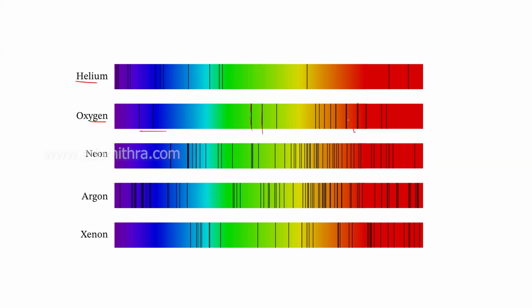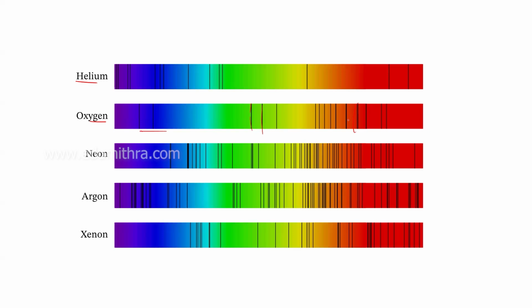This pattern will be the same for oxygen everywhere, whether in your chemistry lab, the oxygen that we breathe, or oxygen in outer space. Wherever there is oxygen, the pattern will be the same.